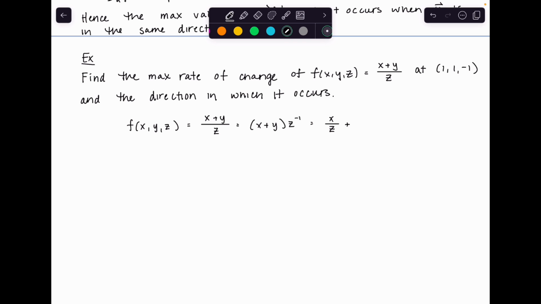That is x over z plus y over z. So if I want to find the partial with respect to x, this is the only thing that deals with x. Derivative of x is 1. So this partial will just be 1 over z. And likewise, the partial with respect to y is 1 over z.